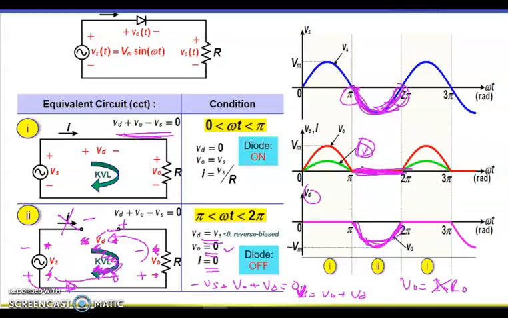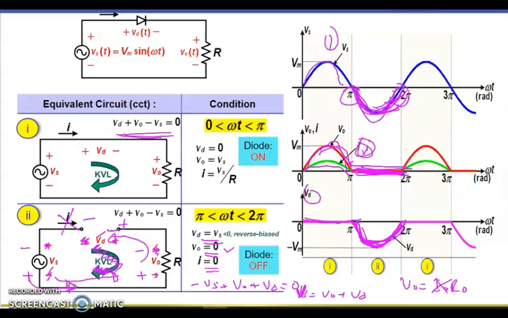This is the analysis that we can perform for phase 1 just now, the positive cycle. The response is that we have V out, I out, and V across D is 0. Then for the negative cycle, V out is 0, I is 0, but V diode follows the V source, but on the negative side as well.